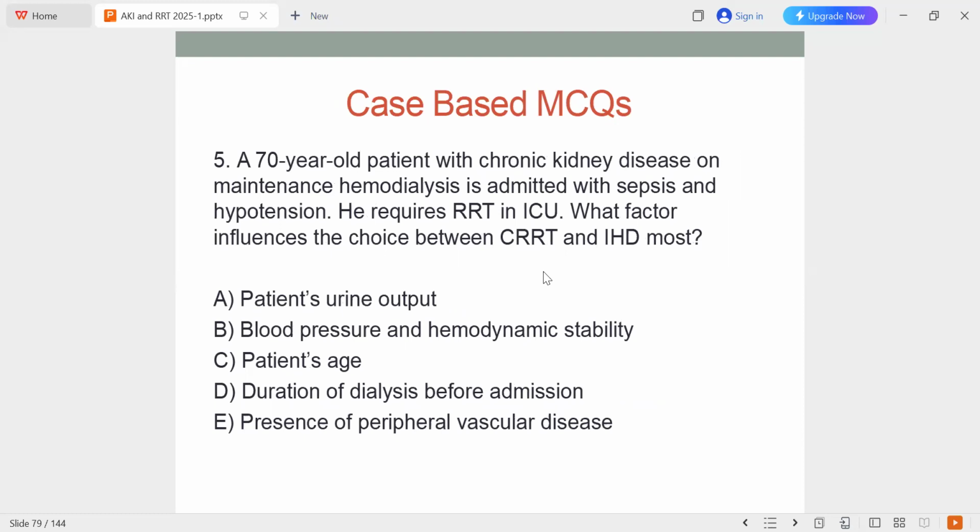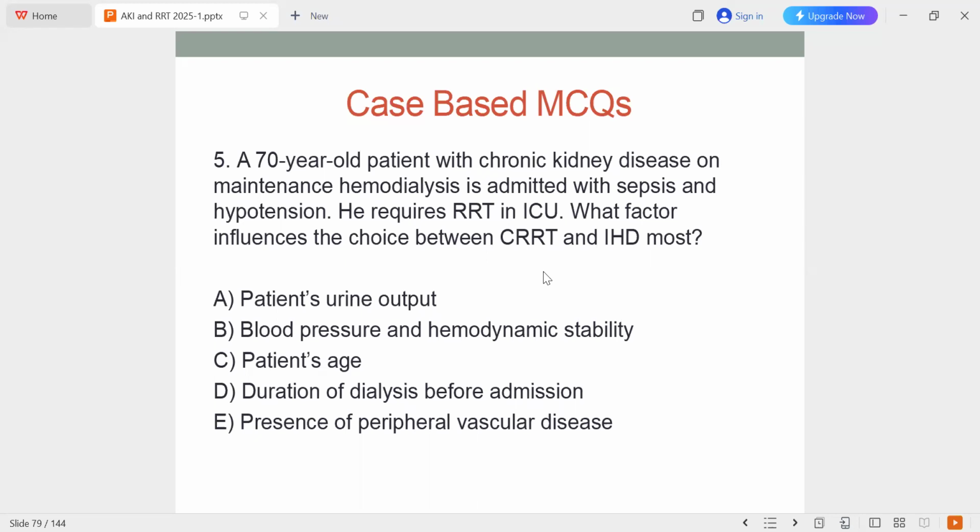A 70-year-old patient with chronic kidney disease on maintenance hemodialysis is admitted with sepsis and hypotension. It requires renal replacement therapy in ICU. What factor influences the choice between CRRT and IHD most?